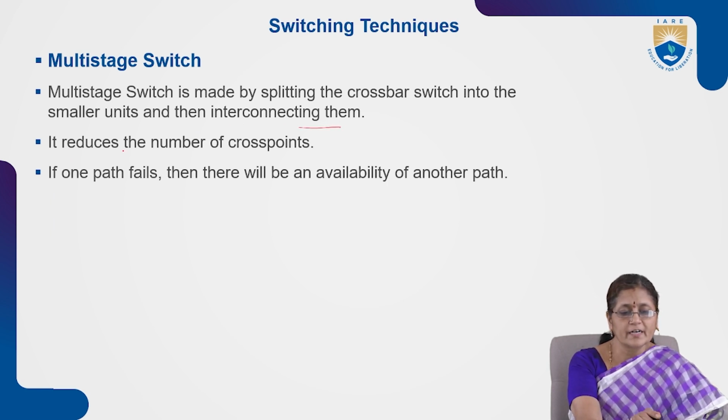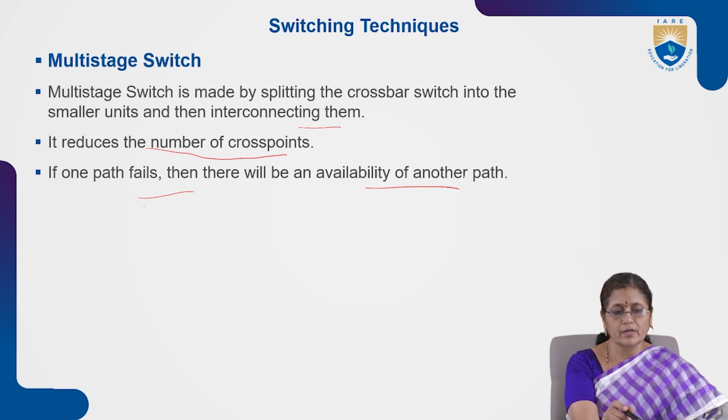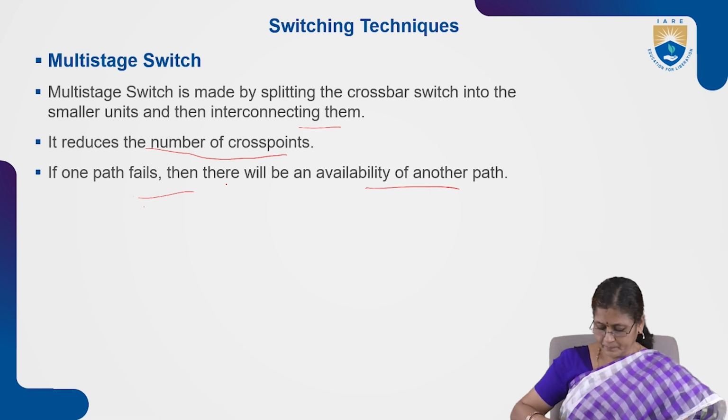Because of this, it reduces the number of crosspoints. If one path fails, there is the availability of another path to transfer. So hence, the crossbar switch is split into smaller units and then interconnected.